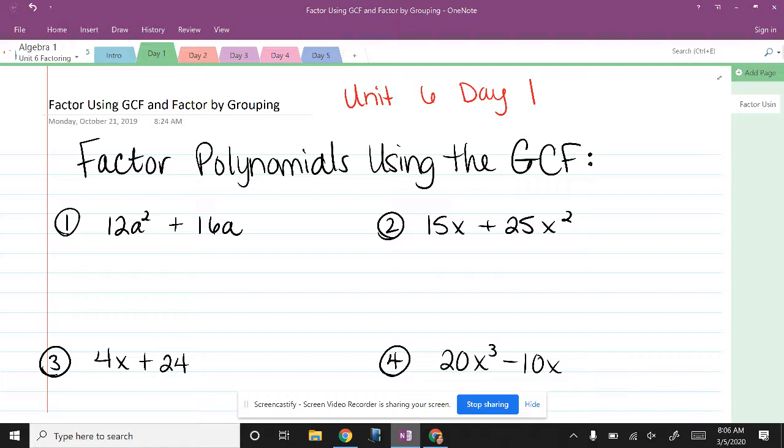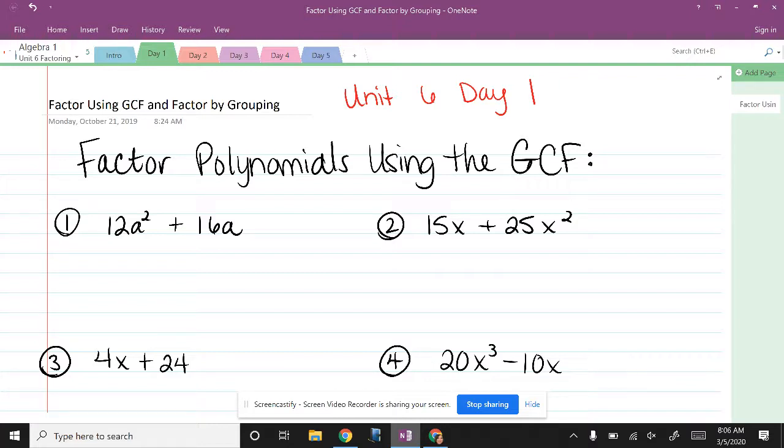Now factoring is basically the opposite of multiplication for polynomials. We don't really divide polynomials, we factor polynomials. And when you factor something, that means you break it down into what multiplies to get that polynomial. So factoring is breaking down to see what multiplied to get the original problem.